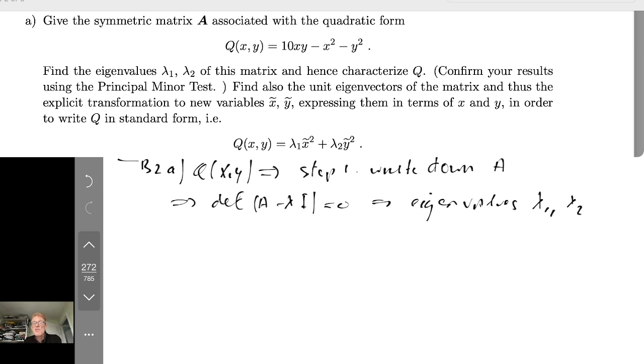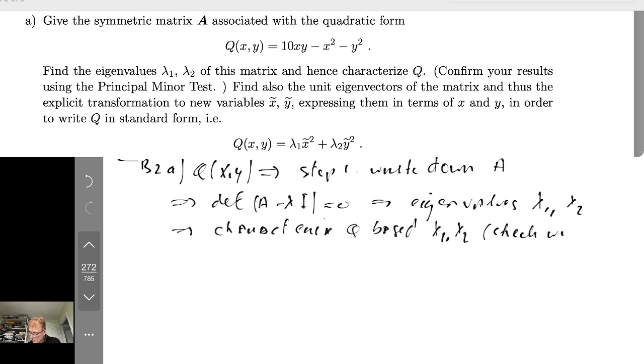Then you can characterize Q based on the signs of lambda 1, lambda 2. And you check that with the PMT by using the principal minor test on the matrix A.